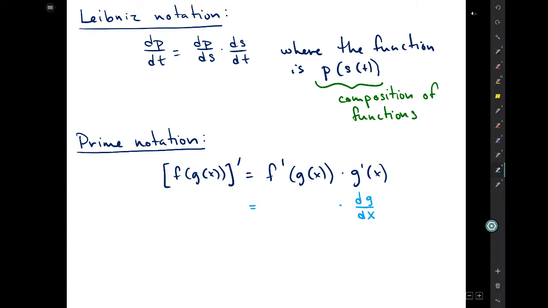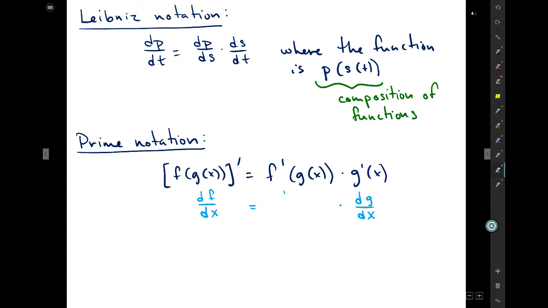Well, this is a function in terms of x, so in Leibniz notation, it is df dx. We want this outside function f not viewed in terms of what's going on in the inside, just viewed in terms of x.